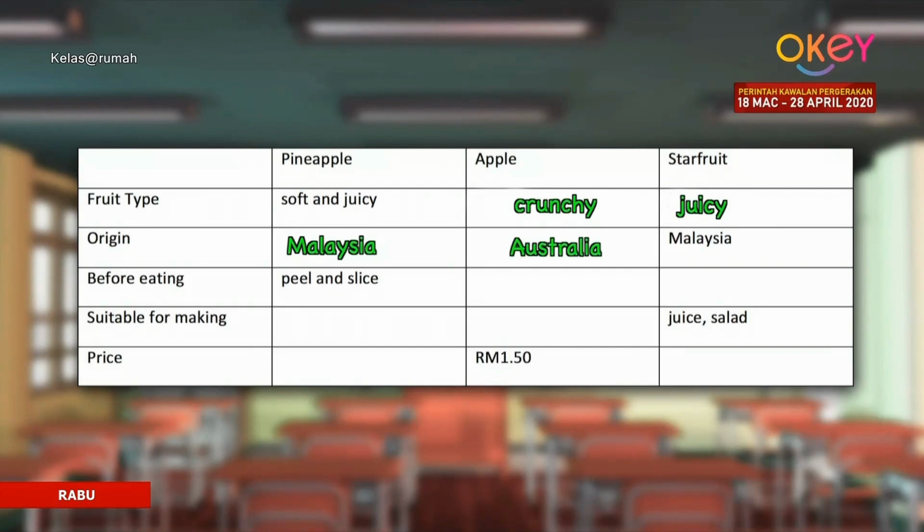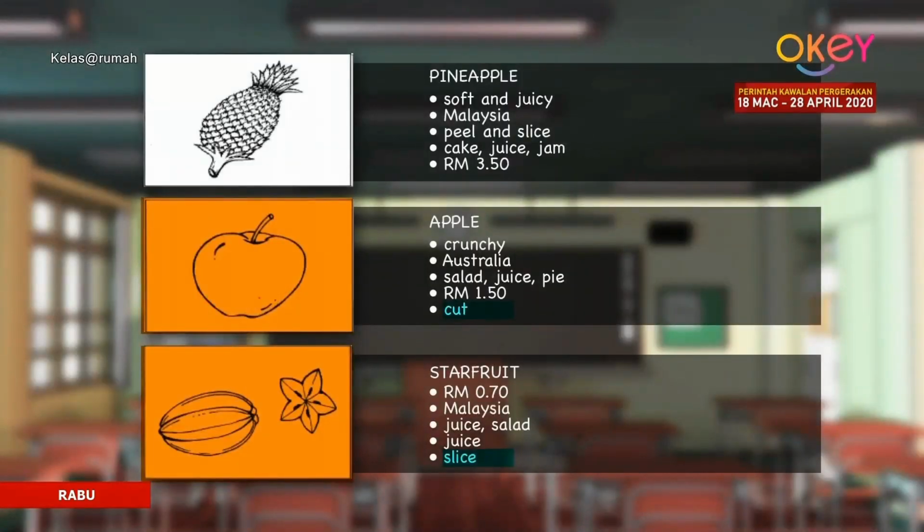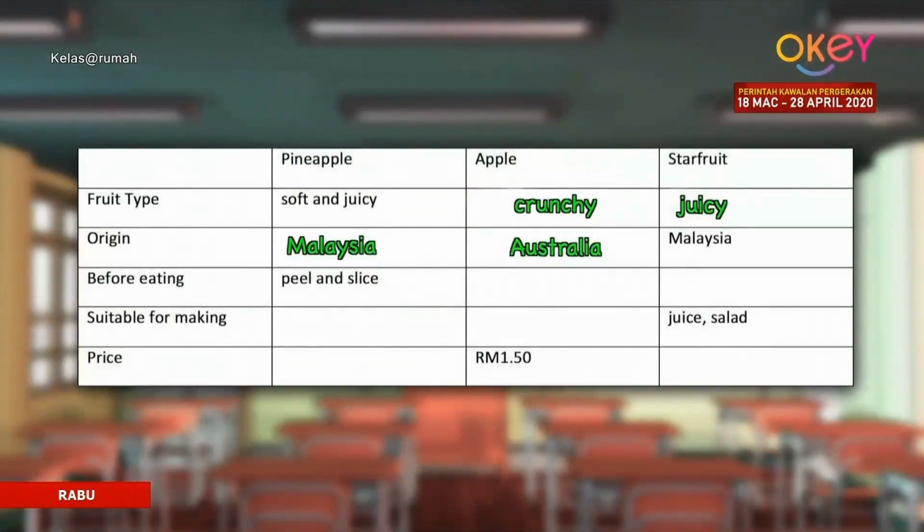For the third row, the answer given for pineapple is peel and slice. So this tells us what we should do to the fruit before it can be eaten. The answer should be in the form of a verb. For apple, the answer should be cut, and for star fruit, the answer should be slice.